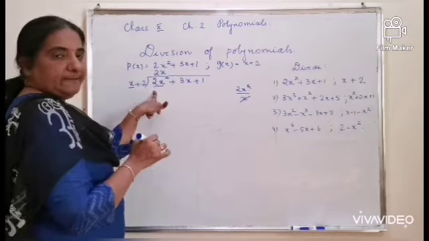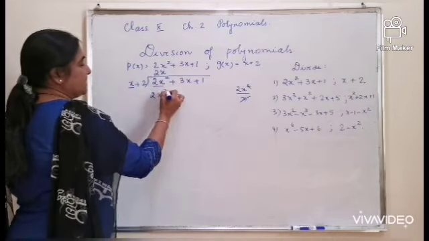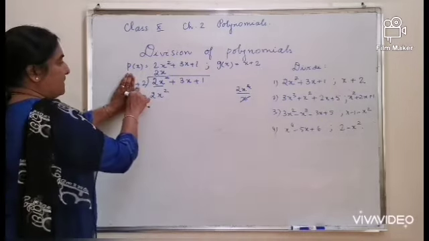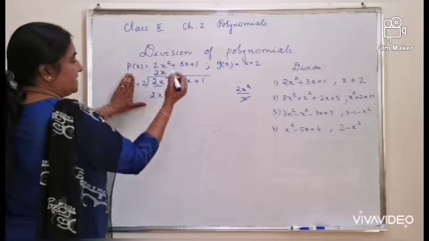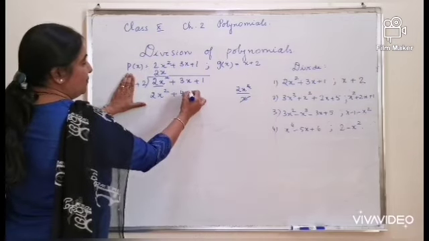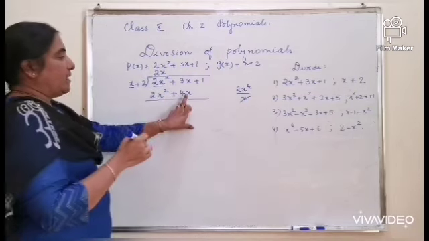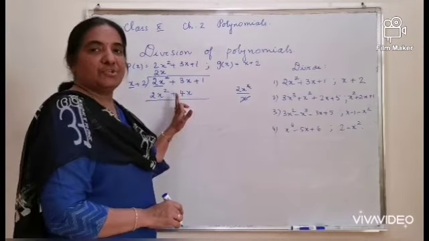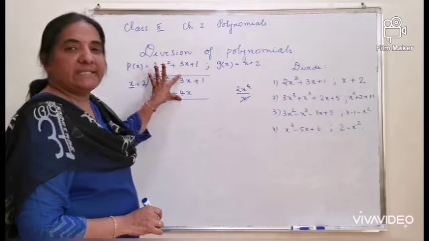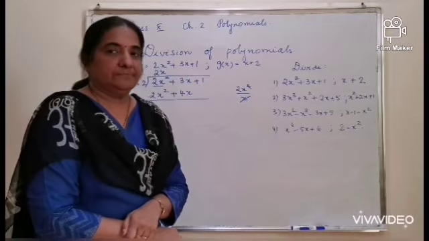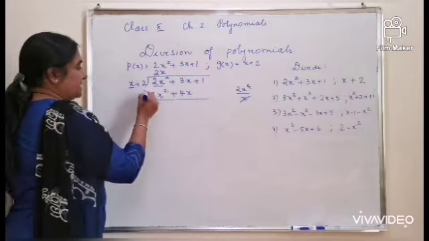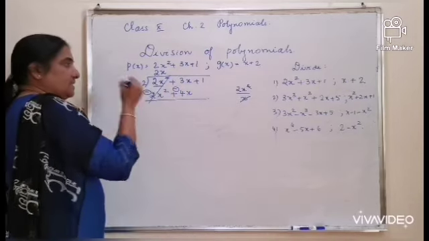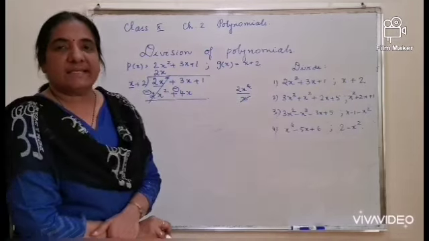The first term you can write the same, and for the second term, plus 2 into 2x gives you plus 4x. When you arrange the numbers here, you should make sure that it's coming right under the like term. Subtracting all the terms in order, this first term always gets cancelled.